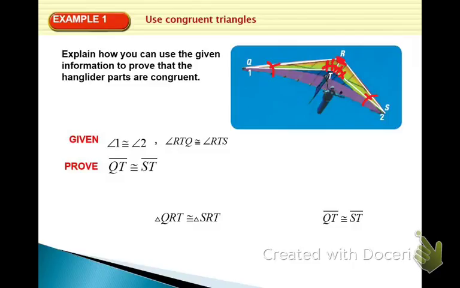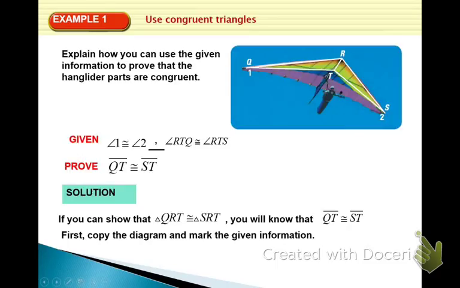So the triangles are congruent by angle, angle, side. That's how I know QRT is congruent to SRT. Then as a result of that, after I've shown the triangles are congruent, then I can say QT is congruent to ST by CPCTC.